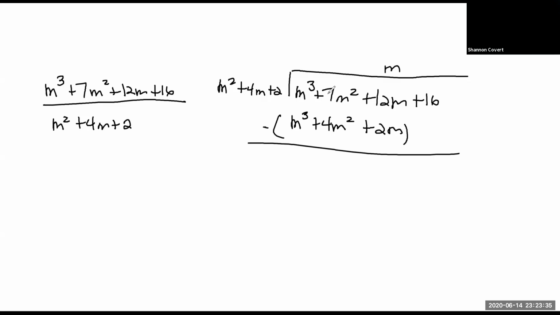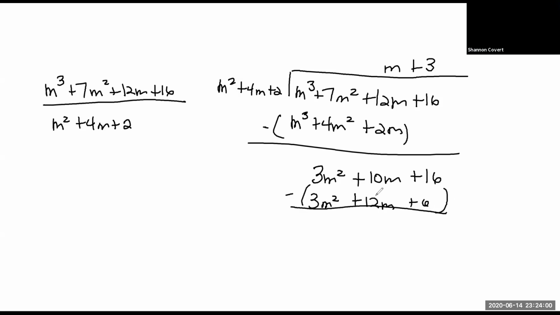When I subtract those, 7 minus 4 is 3m squared. 12 minus 2 is plus 10m. Bring down the 16. I have plus 16. 3 times m squared gets me 3m squared. 3 times 4m is 12m. 3 times 2 is 6.